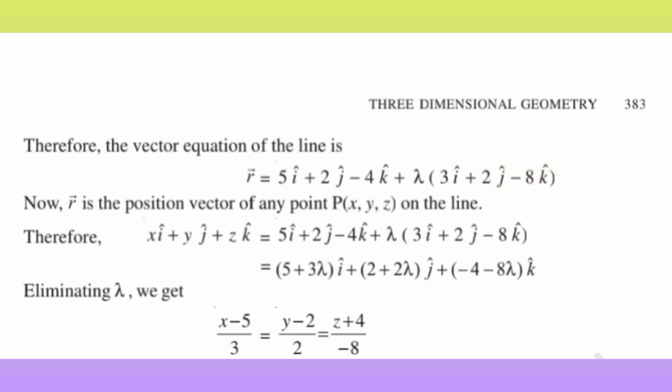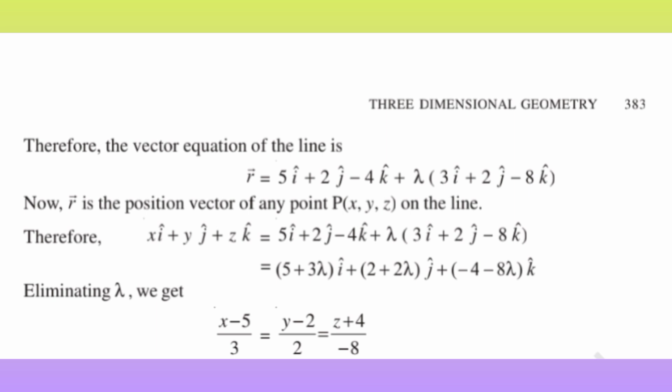Now r vector is the position vector of any point P x, y, z on the line. Therefore, x i cap plus y j cap plus z k cap is equal to 5 i cap plus 2 j cap minus 4 k cap plus lambda times 3 i cap plus 2 j cap minus 8 k cap, which is equal to 5 plus 3 lambda i cap plus 2 plus 2 lambda j cap plus minus 4 minus 8 lambda k cap.